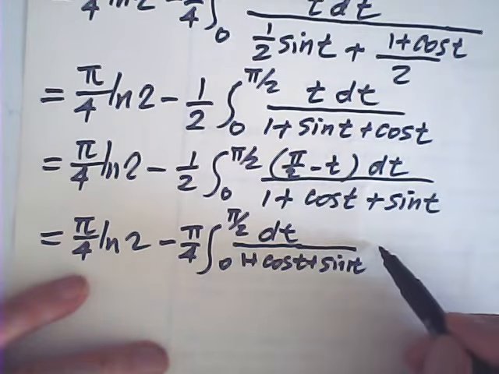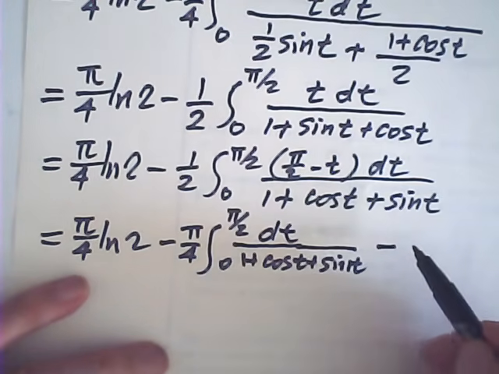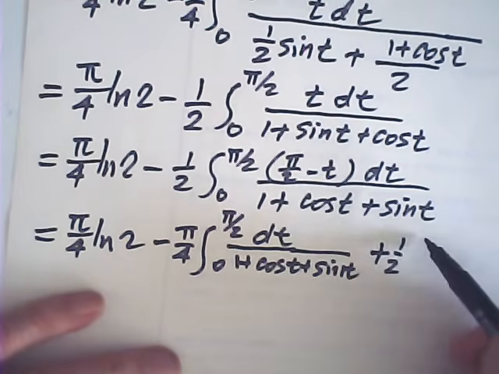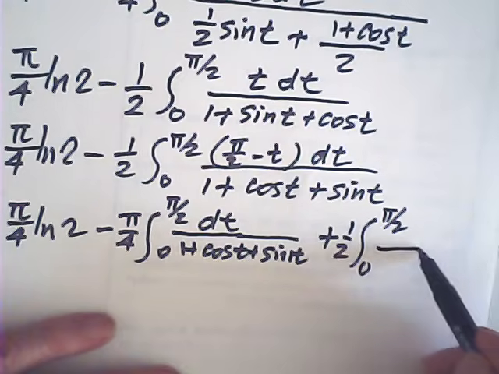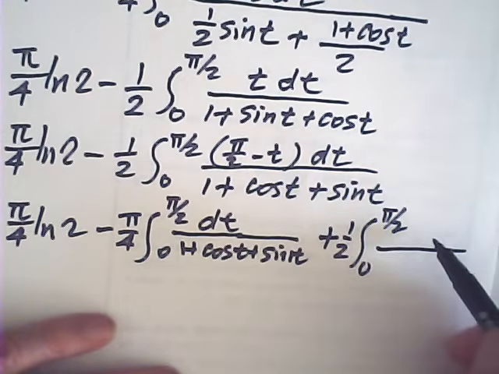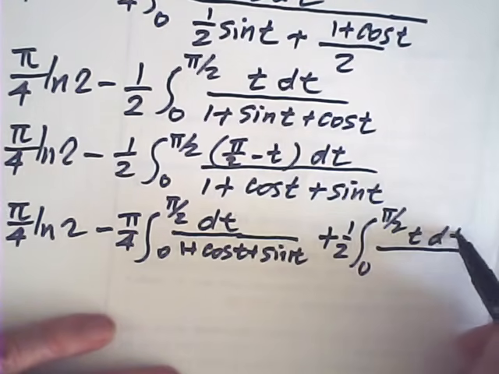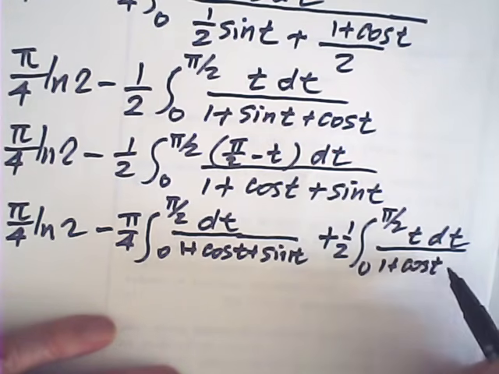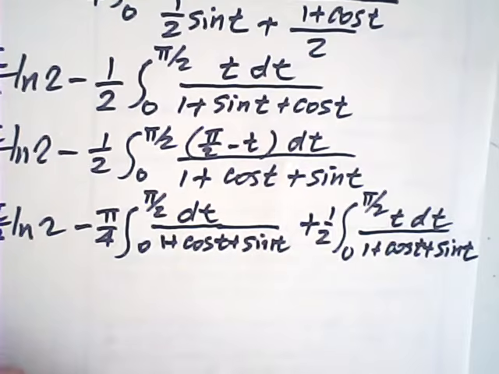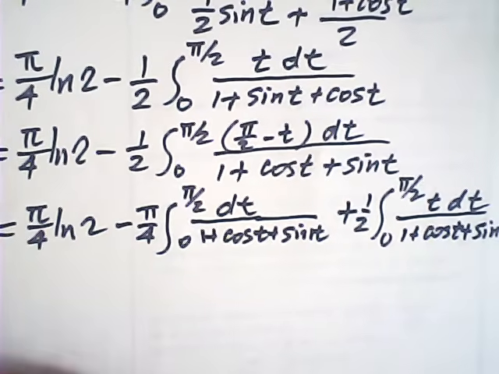And the other one becomes plus half the integral from 0 to half pi of t dt over 1 plus cosine t plus sine t. Wow, very good.